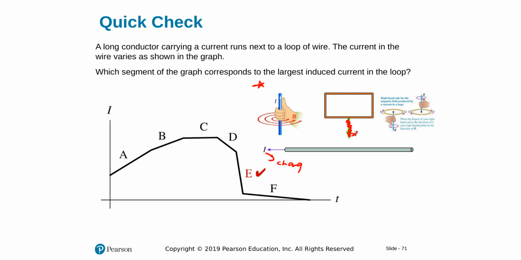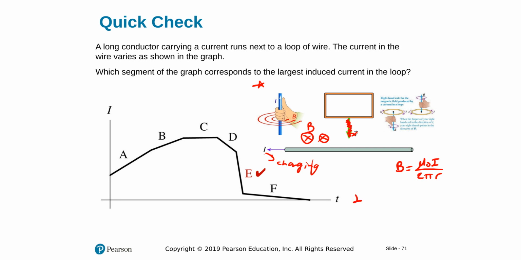If the current is changing, magnetic field of the wire will be changing. Current increases, magnetic field will increase; current decreases, magnetic field will decrease. We can put the equation here if you like, we don't really need it, but B is directly proportional to current. And this will cause a flux change.